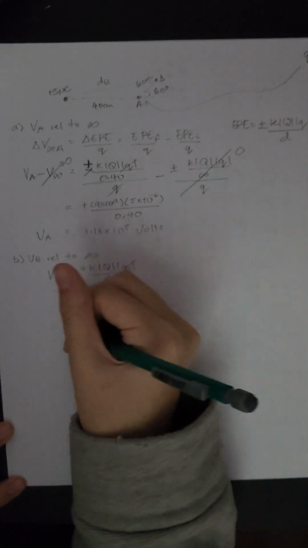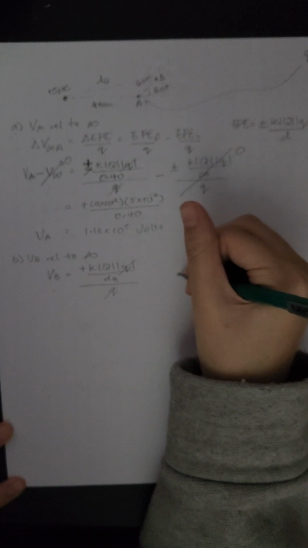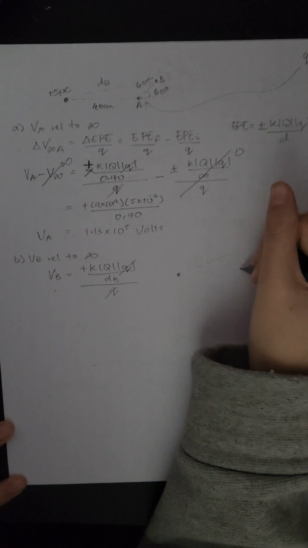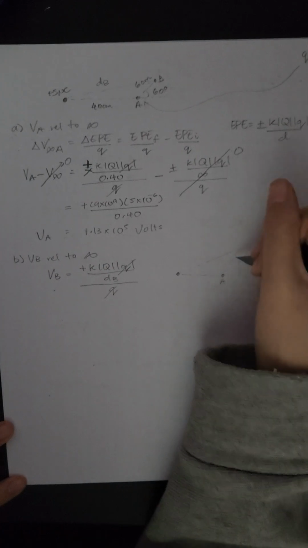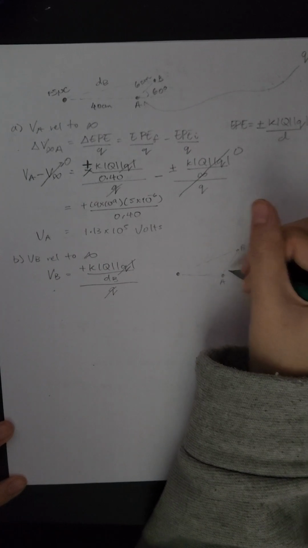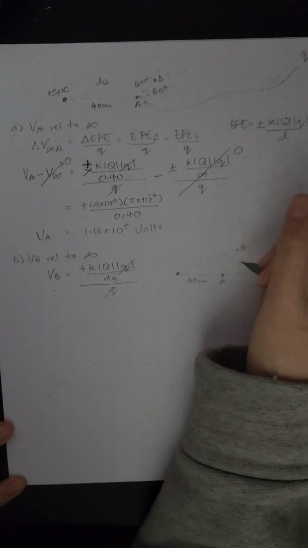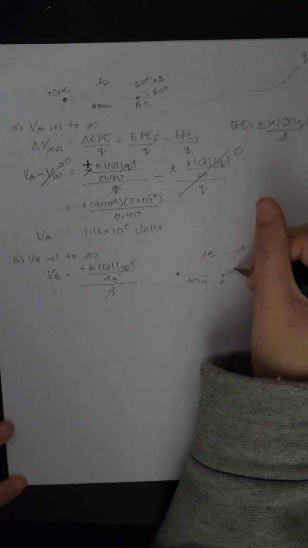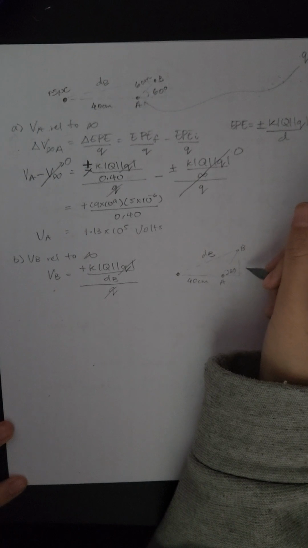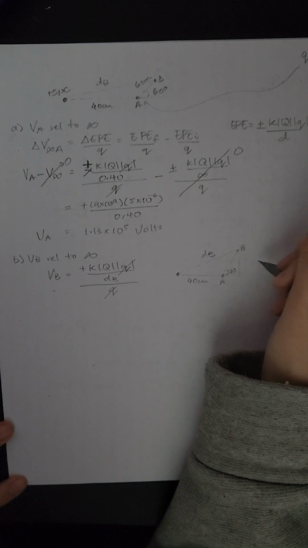I'm actually going to redraw the diagram. So this is A, this is B, and this is 40 centimeters. This is what we're trying to find. And this is a 30-60-90 triangle.